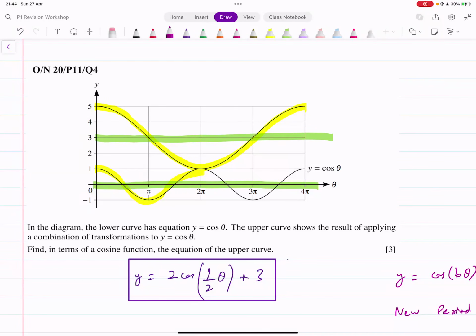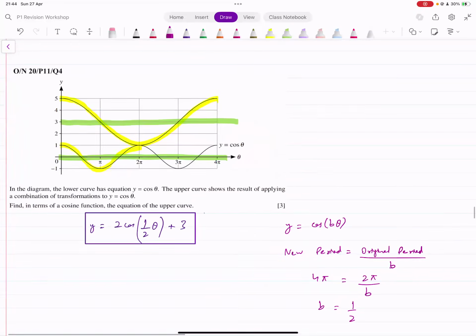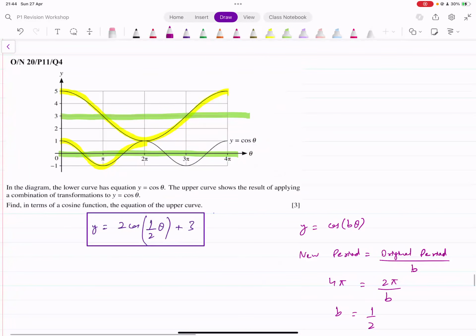Since the period is getting double, that means it's a horizontal stretch, scale factor 2. If the scale factor is 2, inside here we have it divided by 2 like this. You can also understand this in terms of the period of the graph. So this is the equation that we can use for this.